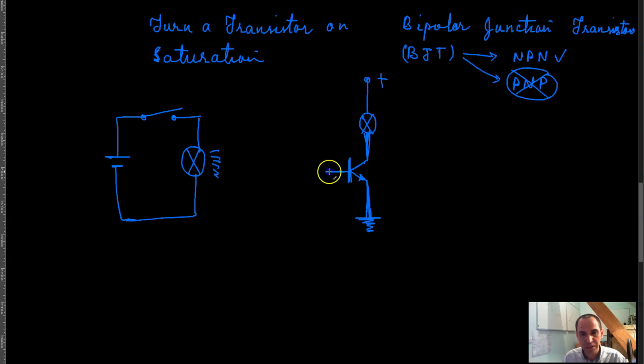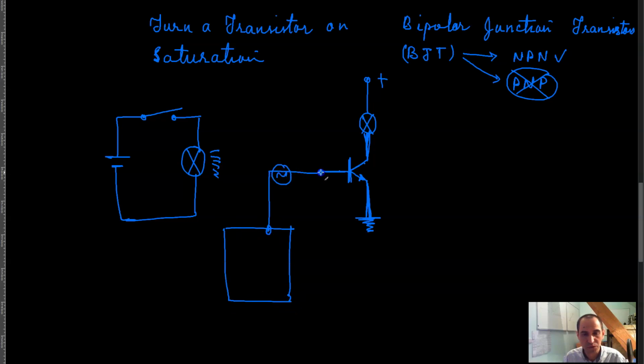And then this base of the transistor, you can give it some signal coming from, as I mentioned, some Arduino or some microcontroller or some other circuit. You can have any sort of circuit over here that has some output.